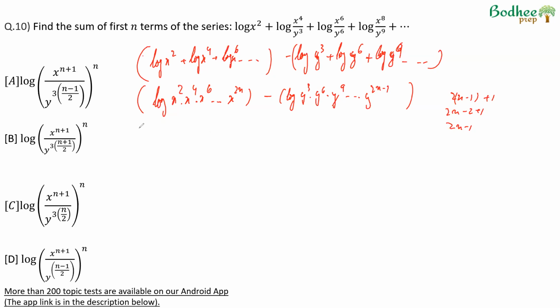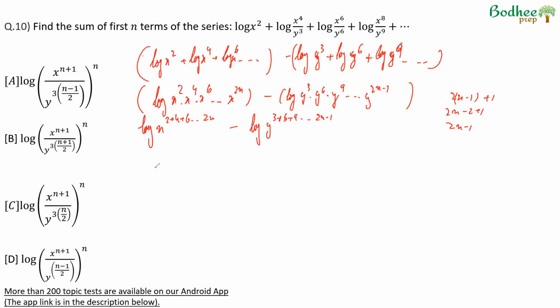Now this becomes log of x raised to power 2 plus 4 plus 6 and so on, minus log of y raised to power 3 plus 6 plus 9 and so on till 2n minus 1.